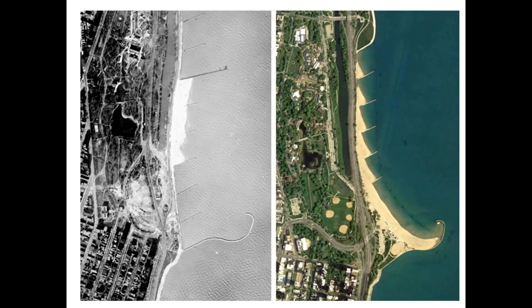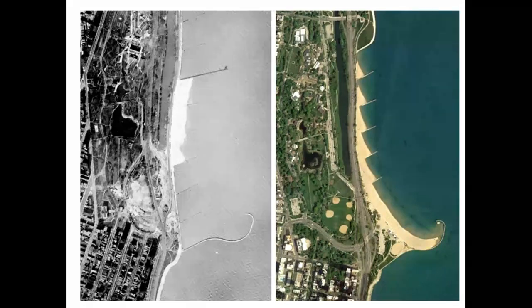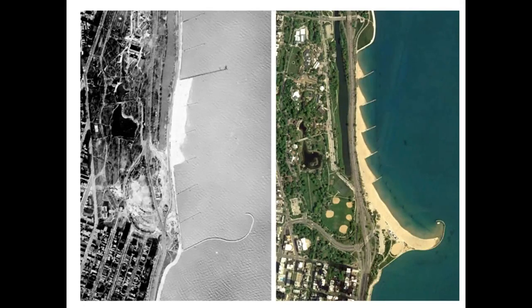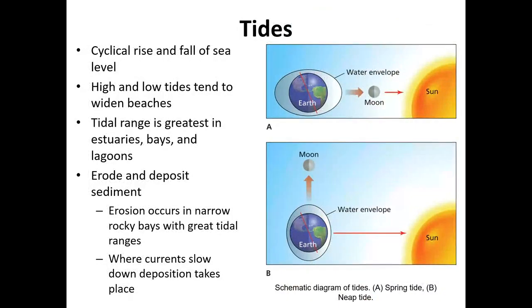But as you can also see on the opposite side of these groins, the sand is kind of small at first, and then it builds up as it hits its own groin. This demonstrates that it's good at capturing sand, but it prevents sand from flowing further down the lake if you don't have one of these. So this is, again, Chicago. They have a lot of very nice beaches in Chicago, actually.